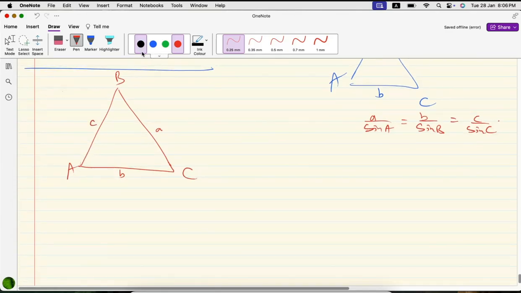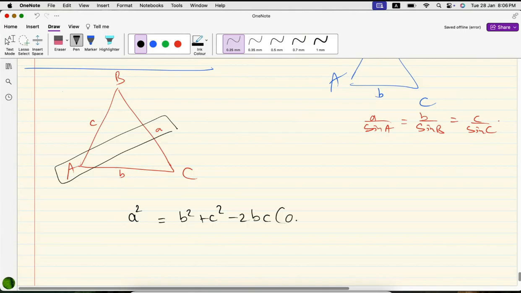And in cosine rule, if we are working with angle A, basically three sides and one angle will be involved. So a square is equals to the remaining two, b square plus c square, minus 2bc cos of A. So if we are working with side b, the remaining two, a square plus c square minus 2ac cos of B.